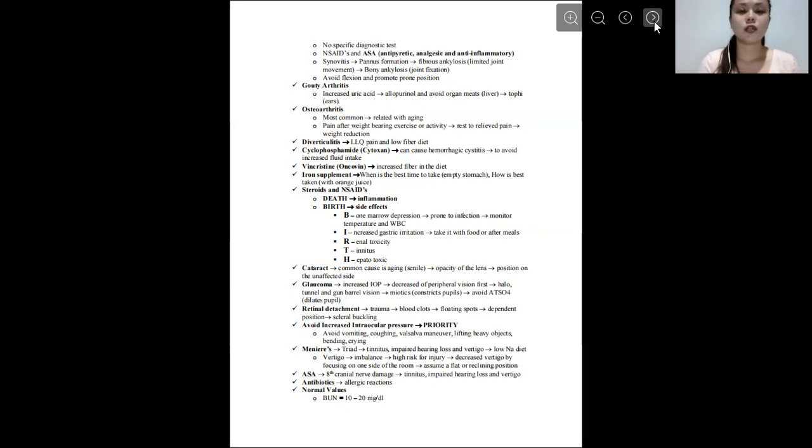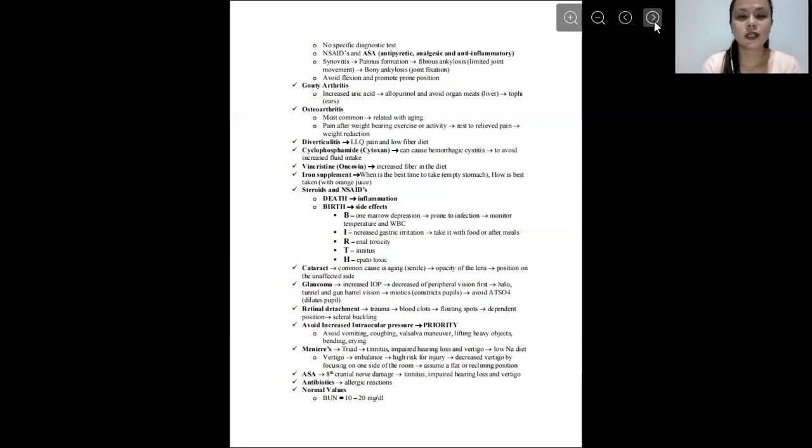So it is needed to avoid such organ meats. Tophi: if you have increased uric acid, there would be an accumulation of tophi, like on the ear or the toe, which develop over time.